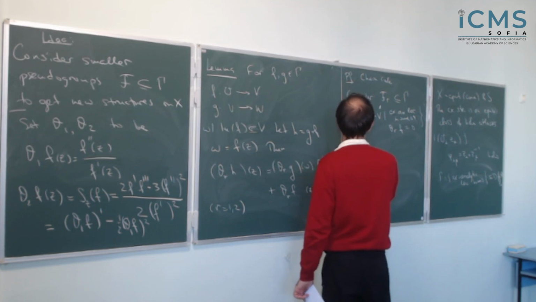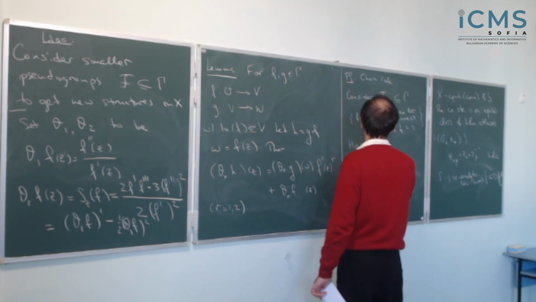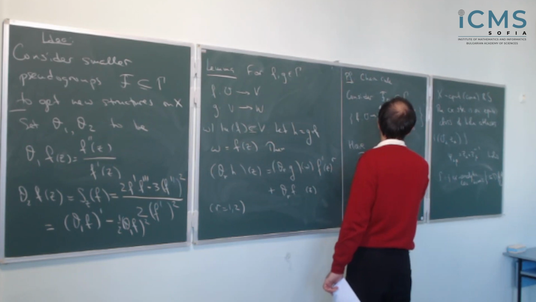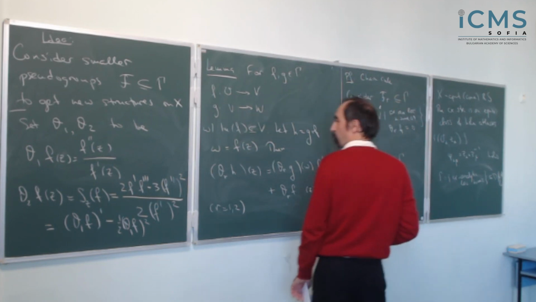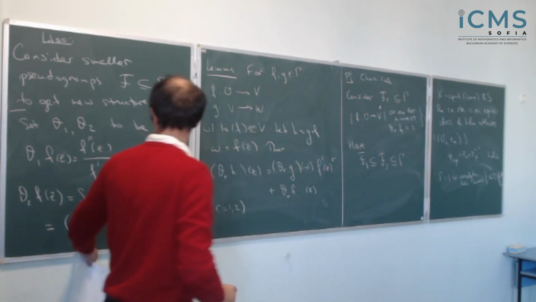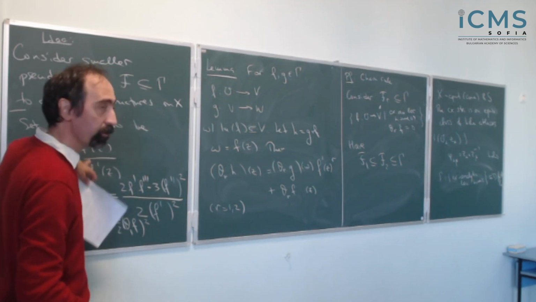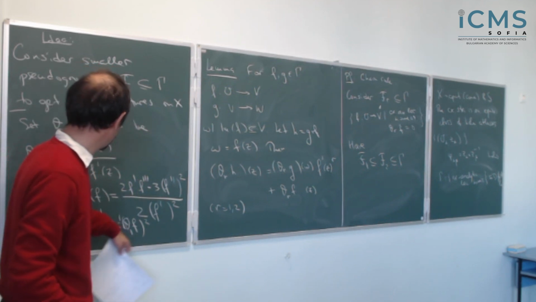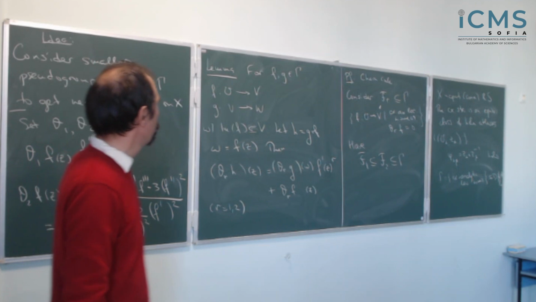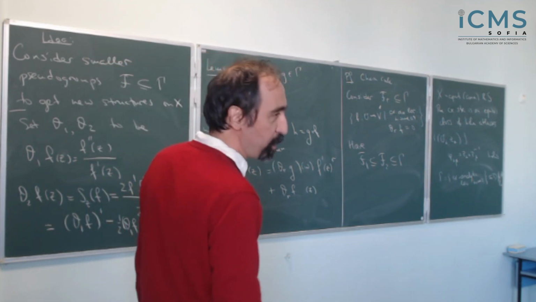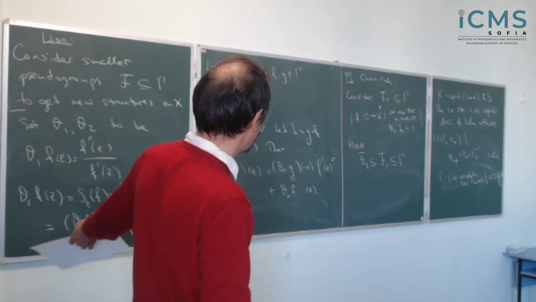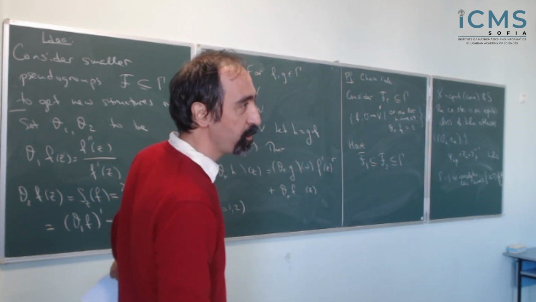We have that F1 is contained in gamma. If the derivative of F prime is 0, then this is gone and this is gone. Now, in principle, we can ask why we consider these special differential operators.